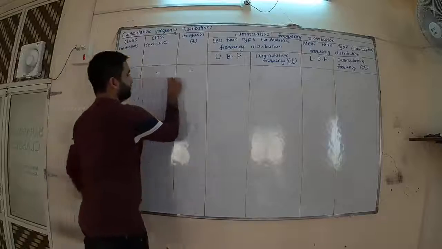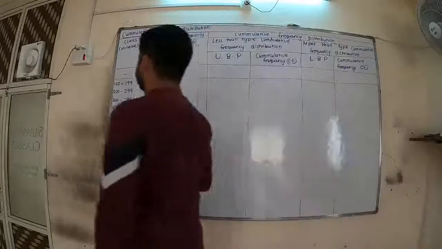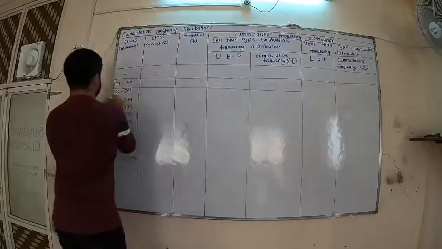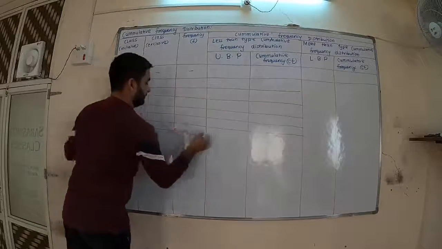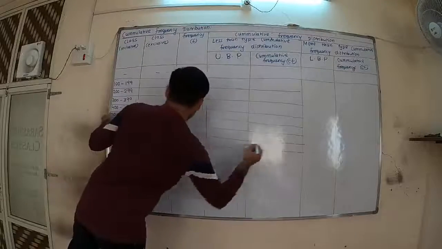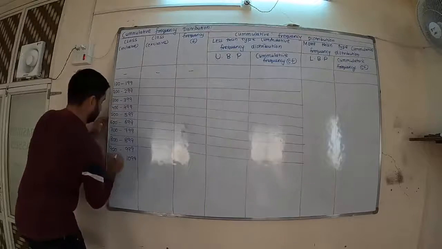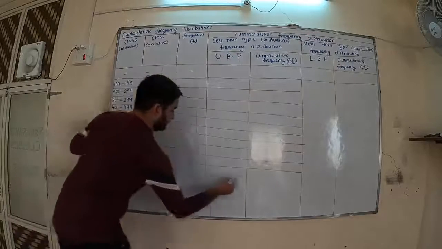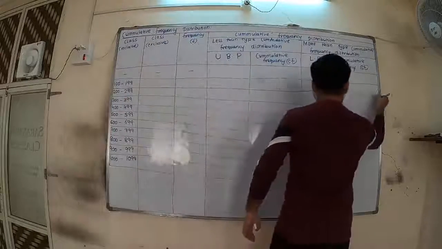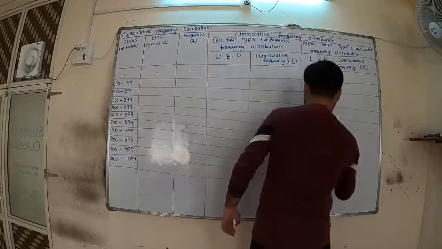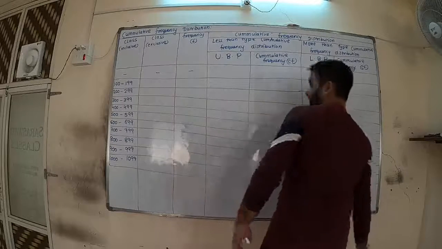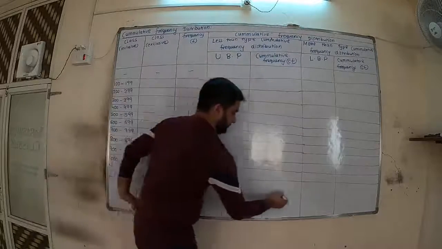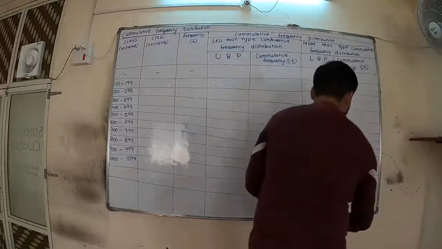Now I will draw the rows and columns so that it will be easy to look. Now this is the whole setup for our sum.